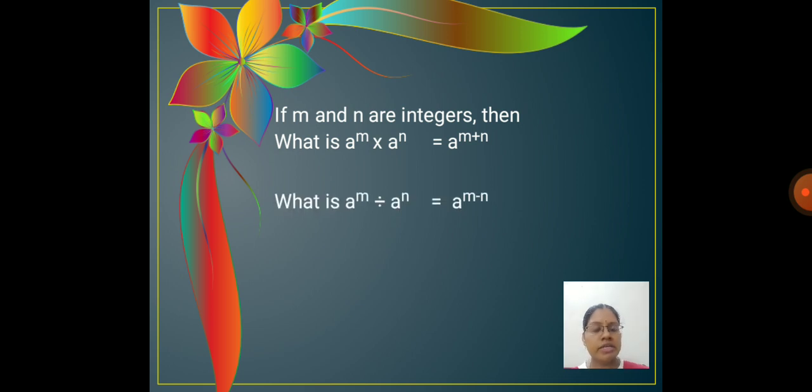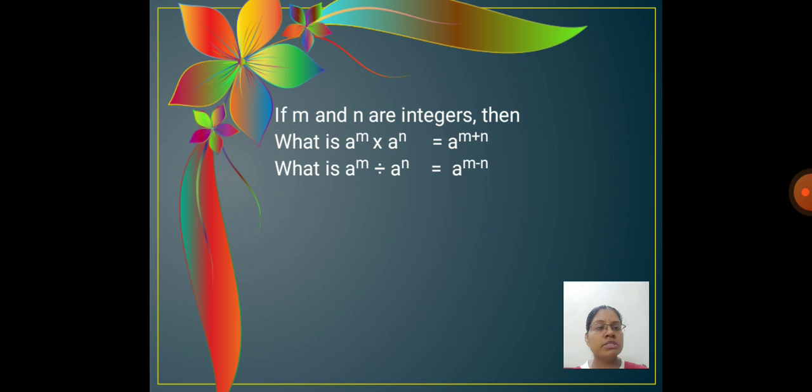Next, tell me what is a raised to the power m divided by a raised to the power n? That is equal to a raised to the power m minus n. Very good. What is a into b raised to the power m? That is equal to a raised to the power m into b raised to the power m.